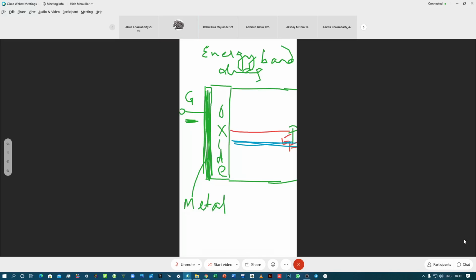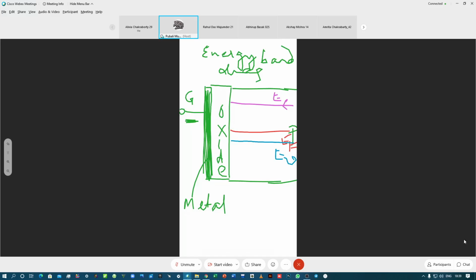The valence band, that is EV, would be closer to EF compared to the conduction band. This is a very old concept that we have discussed since our starting classes. Okay, so this is EC, this is EV, and this is EF.